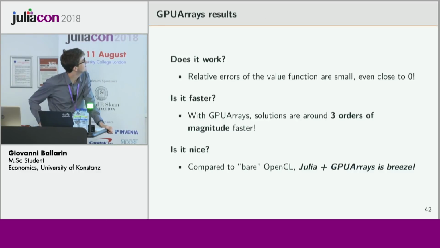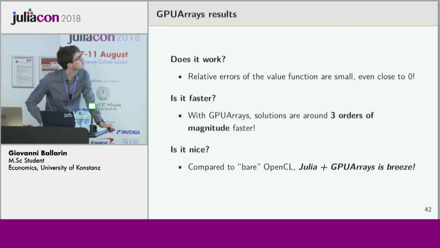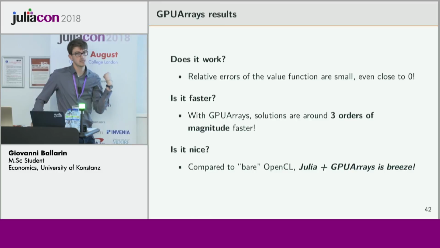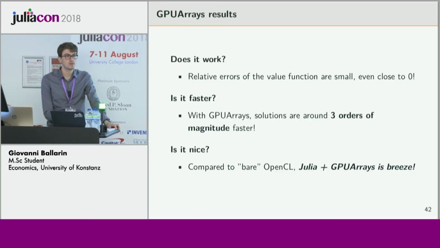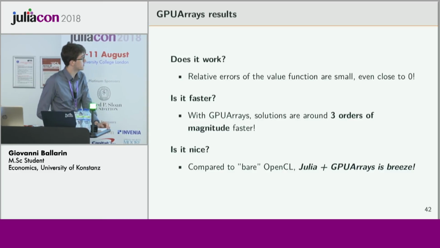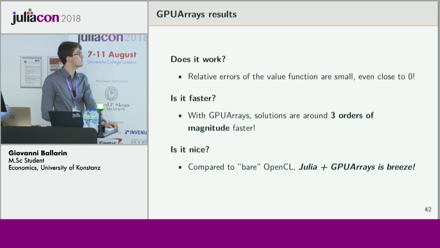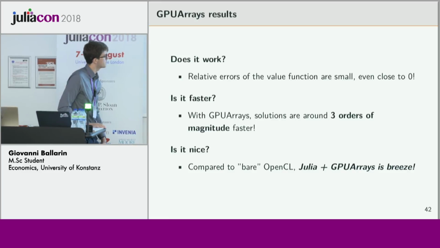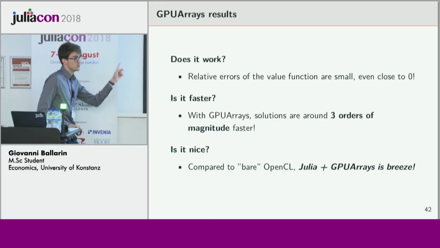So does it work? Well, relative errors of the value function are small, at least in the RBC with uncertainty. Unfortunately, in the OLG model, I'm still working on it because there is a bug that I'm still trying to track down in the GPU solution, so it's still experimental.